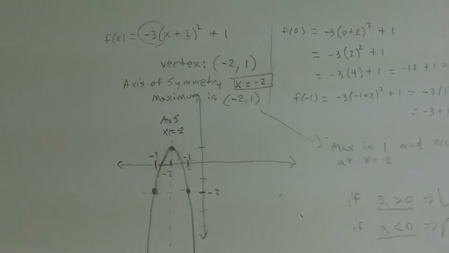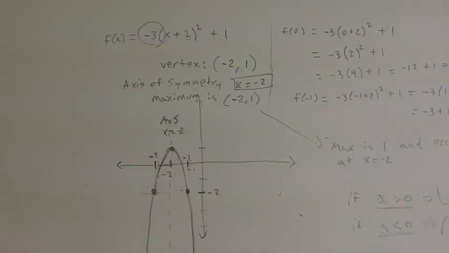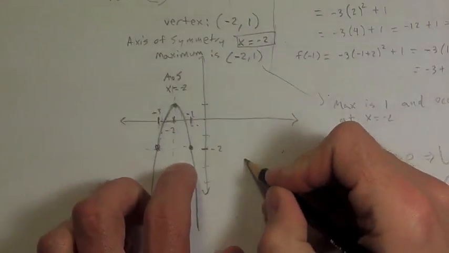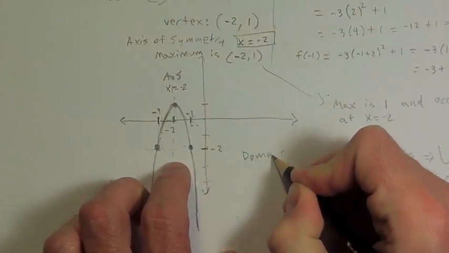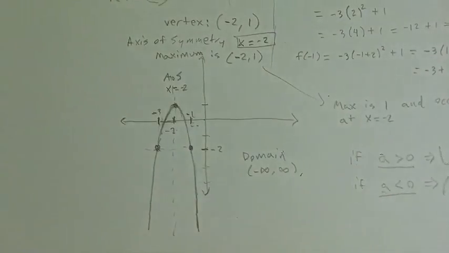Now, it's still good to find that extra point if you're graphing, just to get an idea of how this vertical stretching behaves. But okay, that's that. Now, finally, if I want to find the domain, remember, for all quadratics it's -infinity to infinity. No problem there.